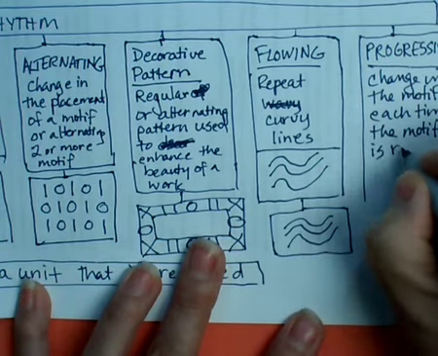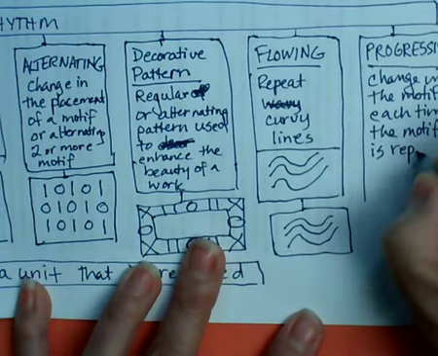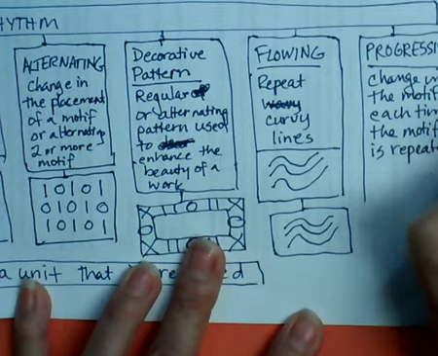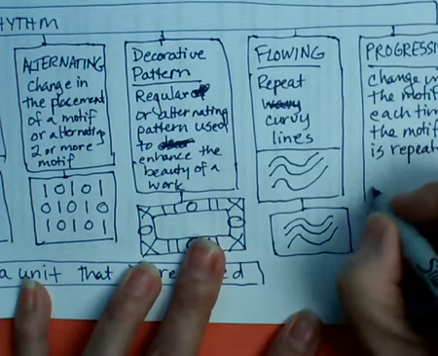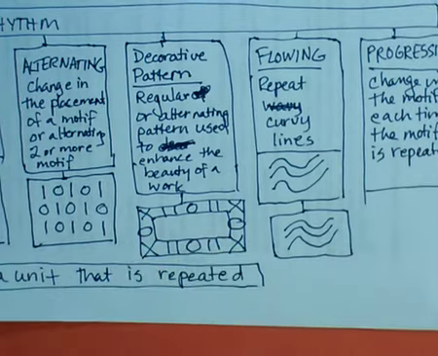This happens a lot with a rainbow color thing. So if you go from yellow to orange to red to violet to blue to green, that would be a change in the motif.